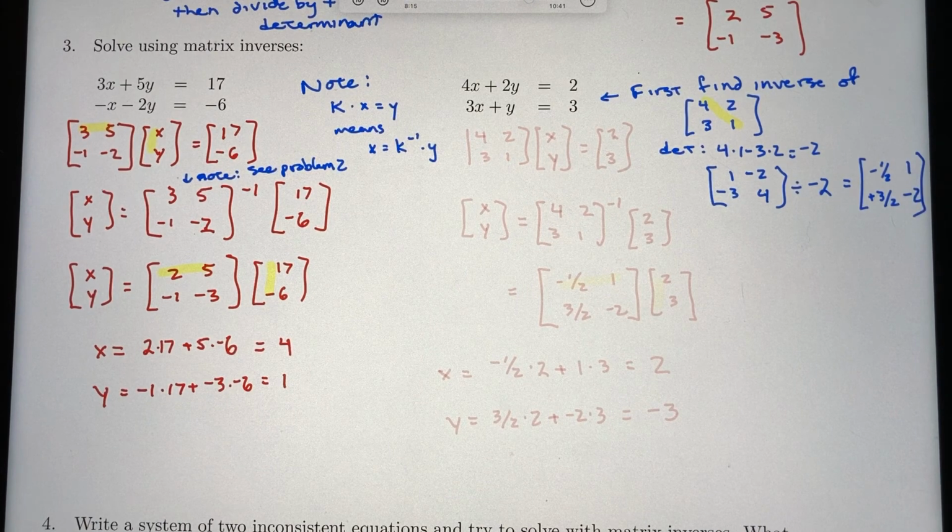Okay. So I have my original thing being 4, 2, 3, 1, xy being 2, 3, and that means xy is that inverse. And I'm going to write it as a separate step so that you remember. Yes, there's an inverse button on your calculator for matrices.